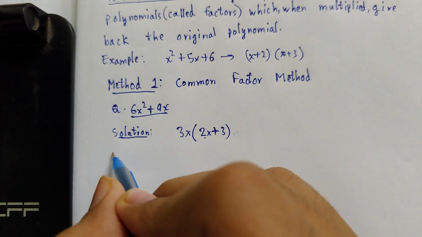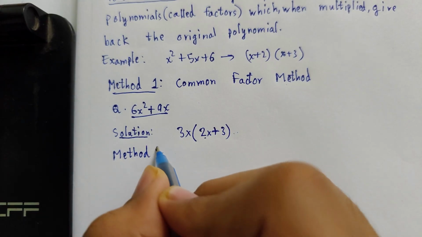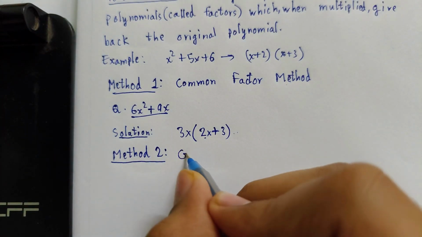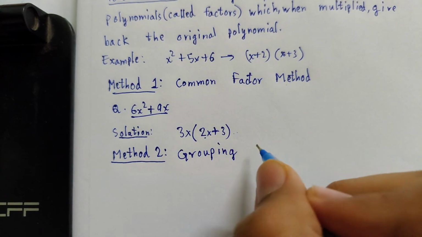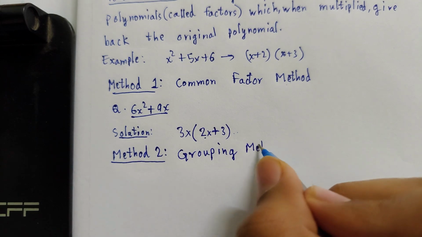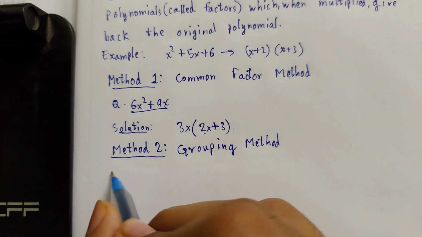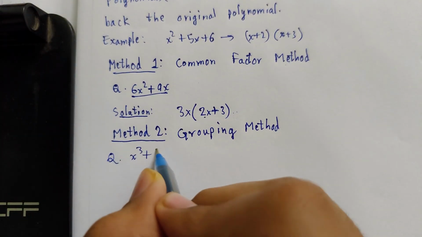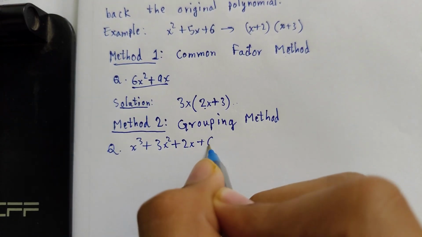We're going to move into method number 2, which is the grouping method. Here the question is x cube plus 3x square plus 2x plus 6.